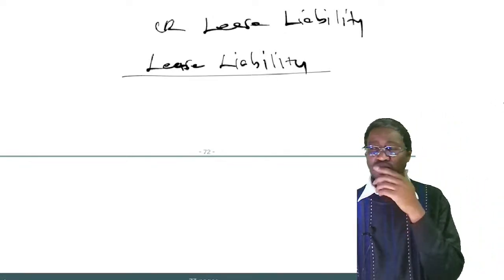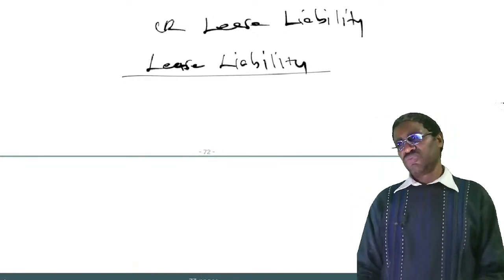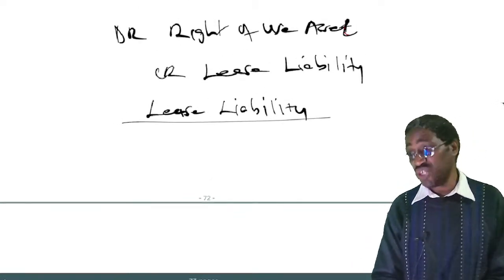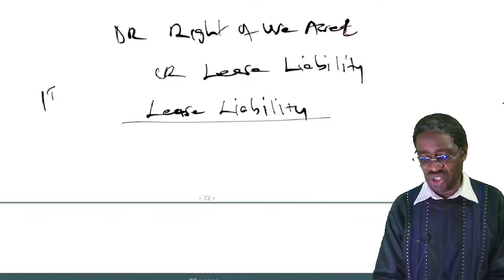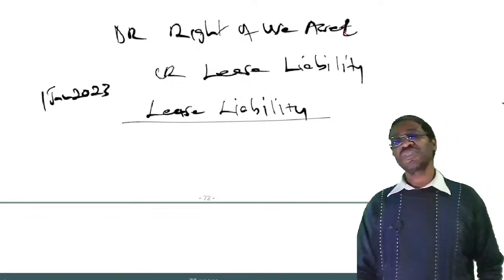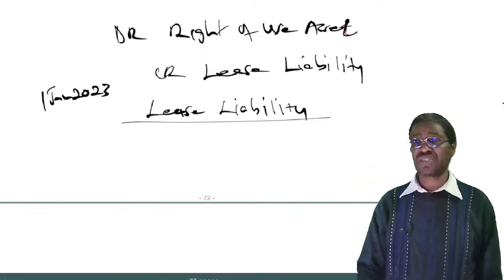Now listen. Let me assume that we have signed a lease contract today, and today is maybe 1st January 2023. That is the day we are signing the lease agreement.